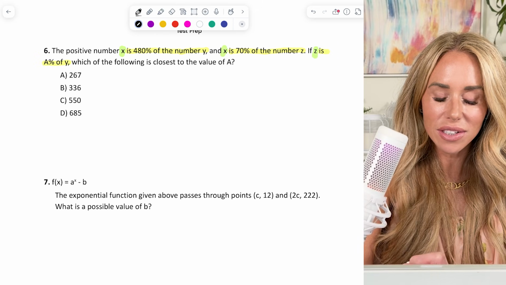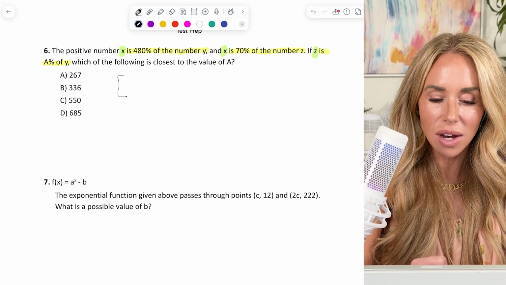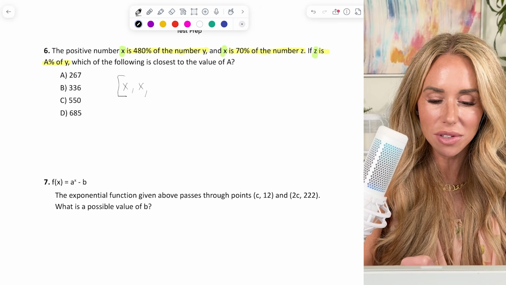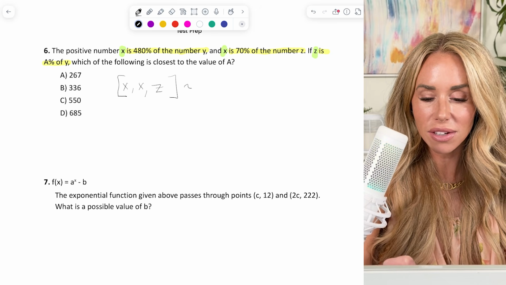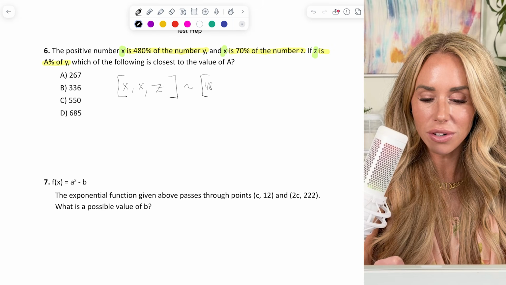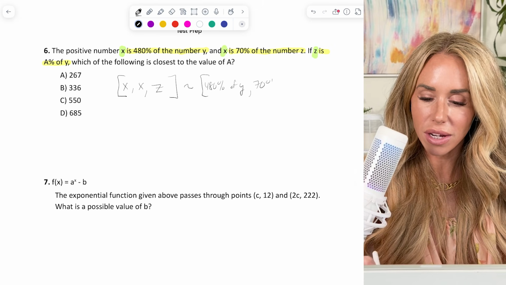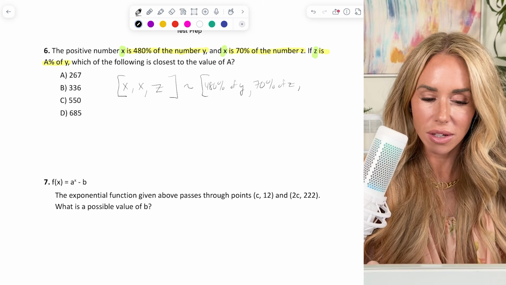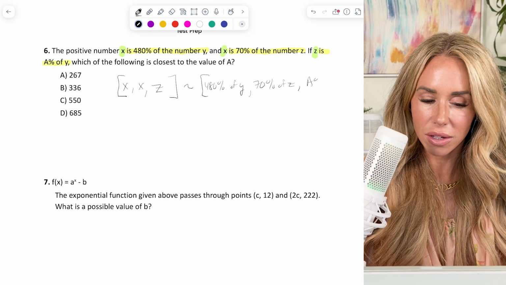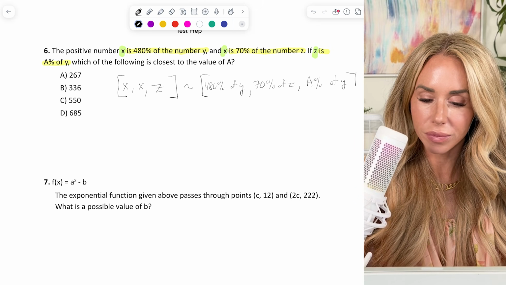So when I enter it into Desmos, I'm going to do x, z, tilde, 480% of y, 70% of z, and then a% of y.